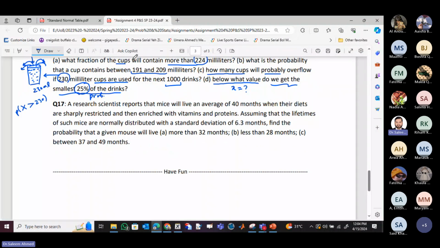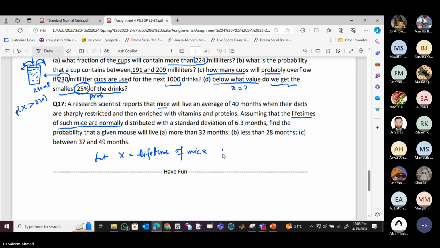A research scientist reports that mice will live an average of 40 months when their diets are restricted and then enriched with vitamins and proteins, assuming that lifetimes of mice are normally distributed. So let X be the lifetime of mice, right?